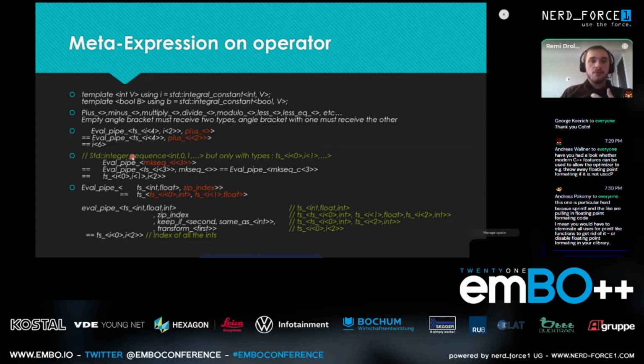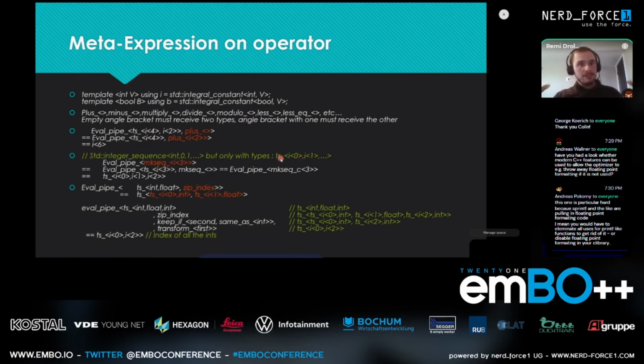Okay. For std integer sequence, I said that we cannot use it to manipulate the values inside, because they are not types. So what we have to do is convert them into TS of E0, E1.